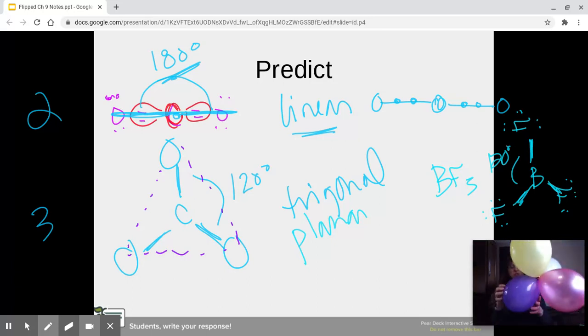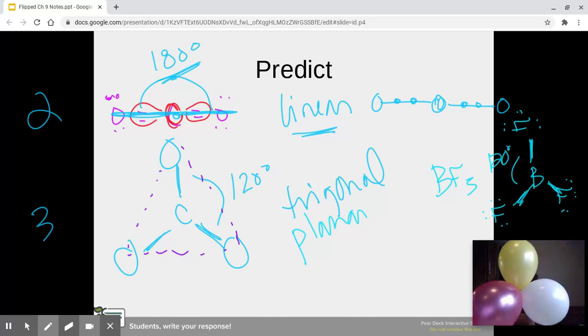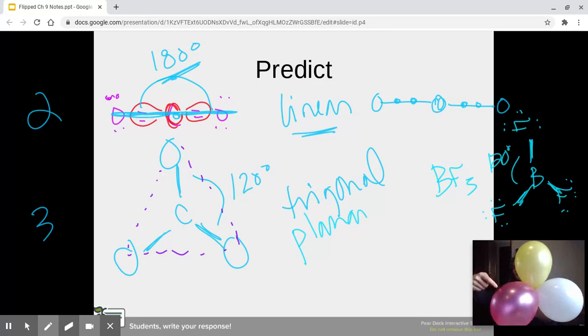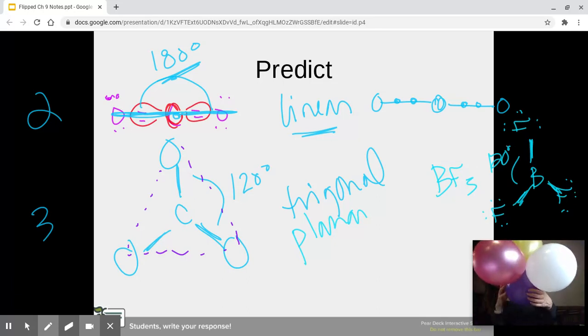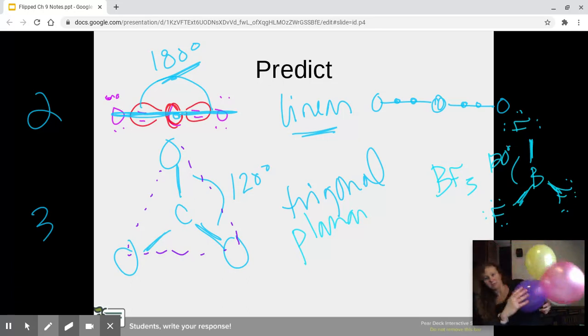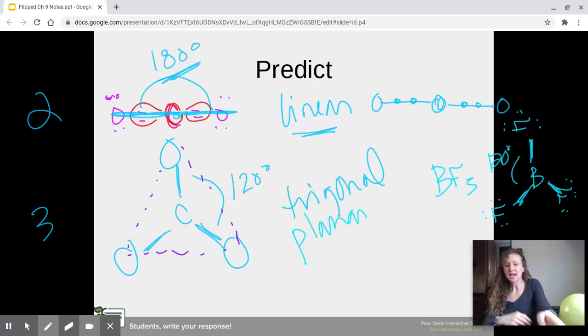Okay, so this one's kind of weird. So notice, let me try and orient you. If I get the yellow and the white into a plane, so the yellow's going up, white's going down at an angle, but they're in a plane. Notice that the pink is coming out at you, and there's actually a purple one you can see here on the bottom that's actually going back into the plane. Okay, so this is what we call a tetrahedral arrangement.